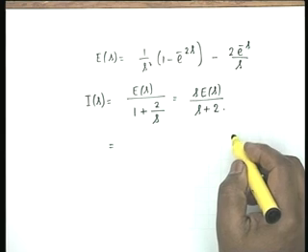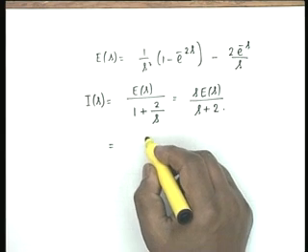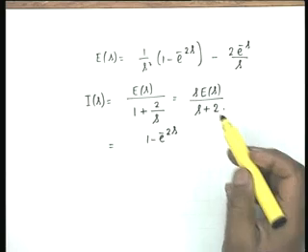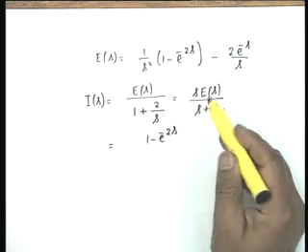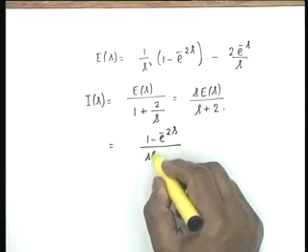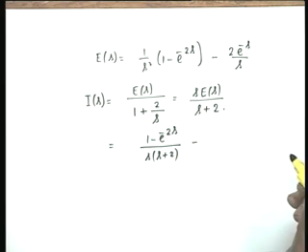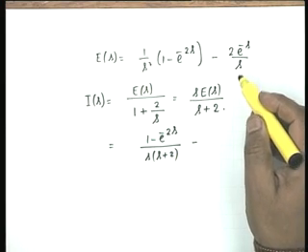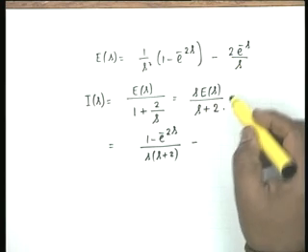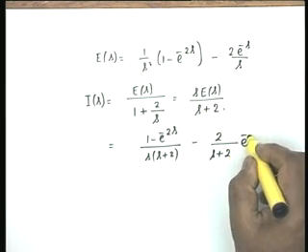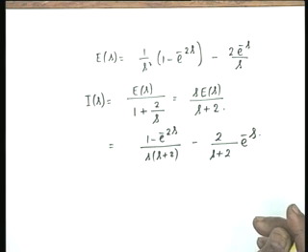Therefore, this is equal to 1 minus e to the minus 2s, divided by s squared multiplied by s, so it will be s times s plus 2, minus 2 divided by s plus 2 e to the minus s. Is that correct? Yes.